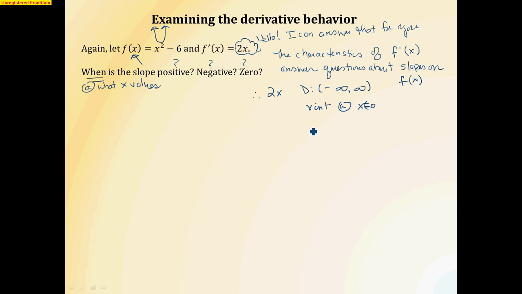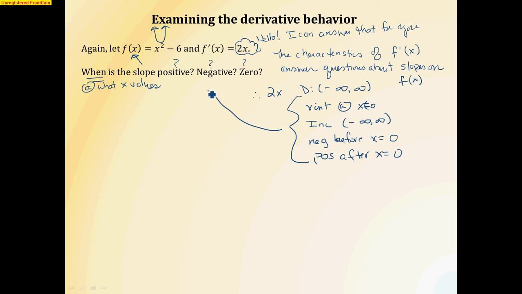Because you know before that 2x increases over its domain and is negative before x equals 0 and positive after x equals 0, you can answer these questions.